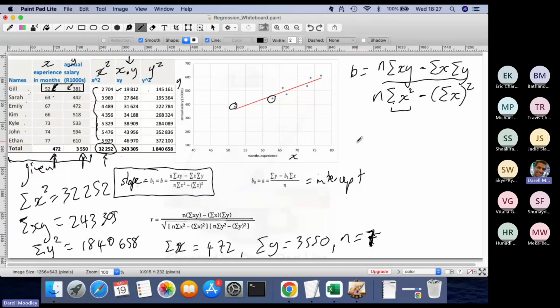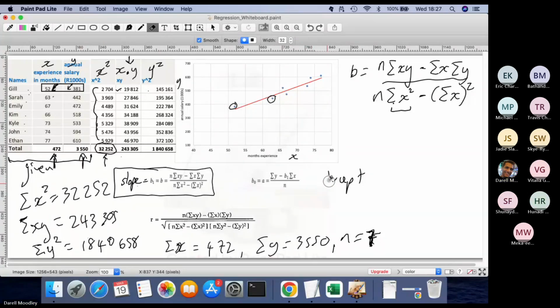Okay, so I'll write out what you should be putting in your calculator. I'm going to make some space on the board. I'm just substituting all the values in this equation.